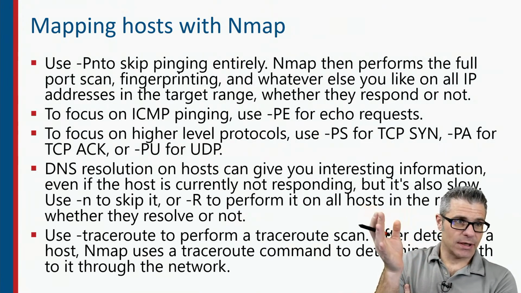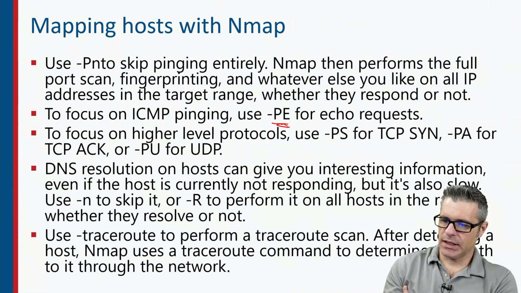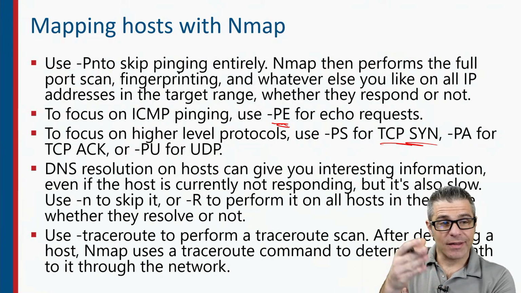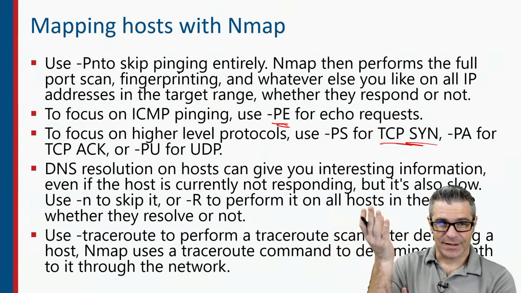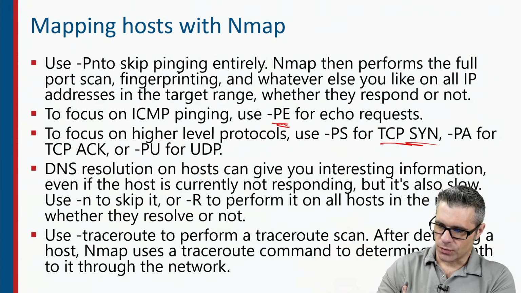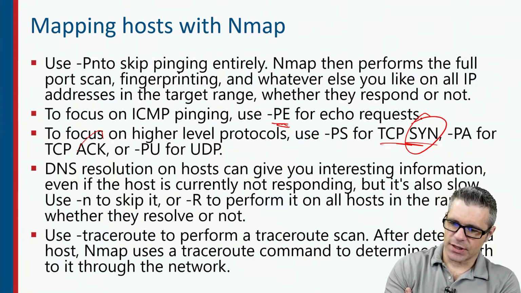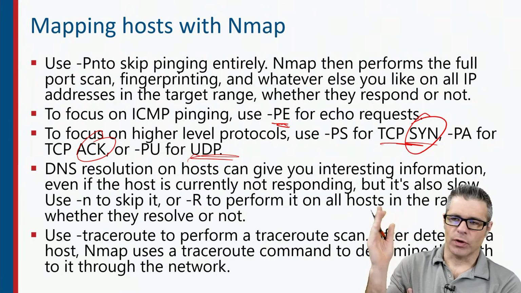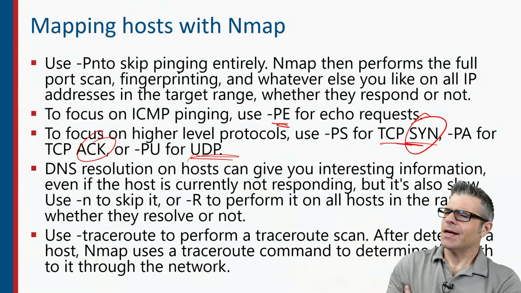If you want to focus on pinging, the ping scan focuses on PE. You can use TCP and then pick the TCP packet type that you're going to use. So sending a synchronized packet or sending an acknowledged packet. You can use UDP if you want to focus on what UDP ports are available.